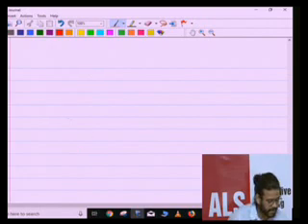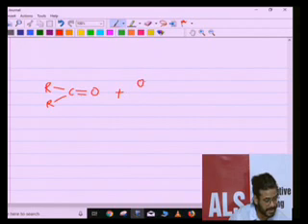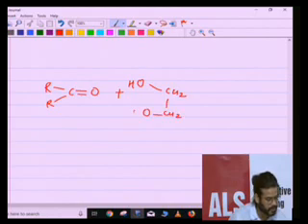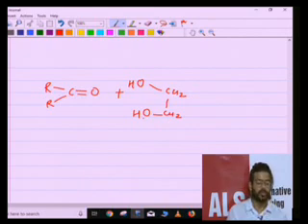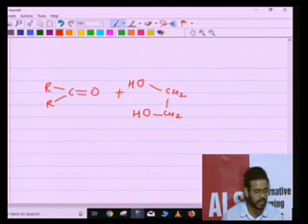So if I write ketone in this form, R, C, R, double bond O, and if I react this compound with ethylene glycol, I guess you already know what ethylene glycol is. It's CH2OH, CH2OH. So ethane-1,2-diol, or 1,2-dihydroxy ethane.